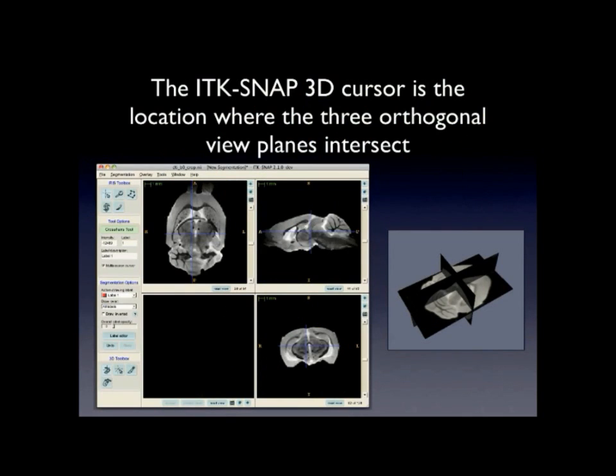And we'll start talking about the 3D cursor. As I mentioned before, SNAP shows 3 orthogonal cut planes through an image. And the point where these 3 cut planes come together is designated by the 3D cursor. So if we look at any one of these slices, you see there's this kind of blue crosshair going horizontally and vertically.